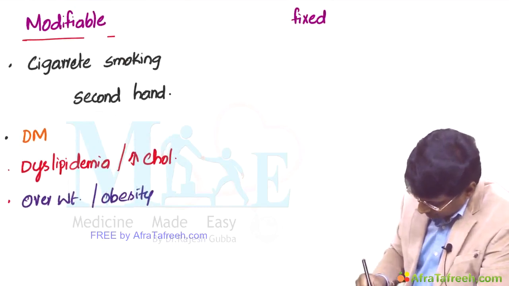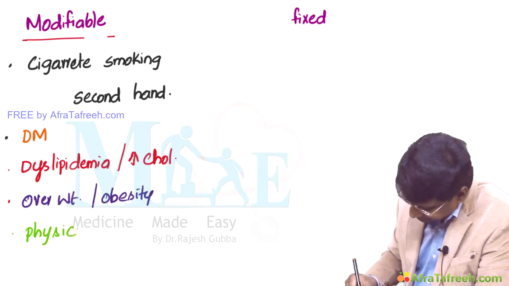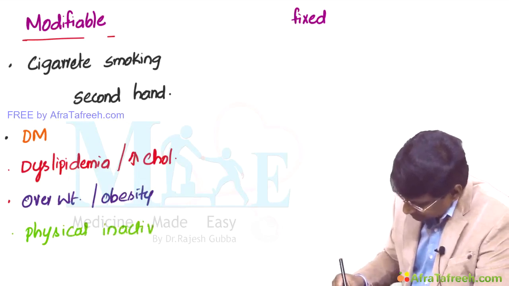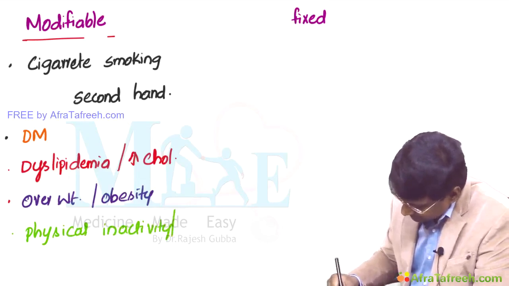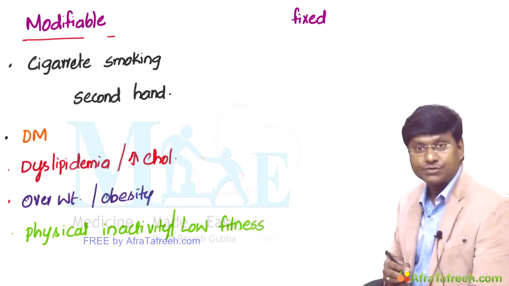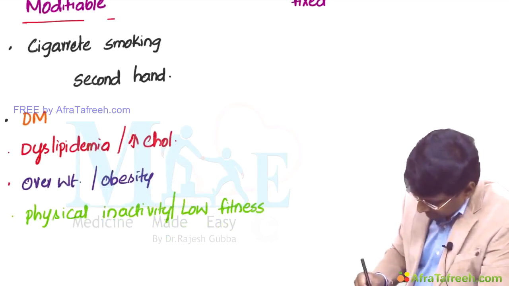Next, the other modifiable risk factor is physical inactivity or low fitness. It can be associated with the development of hypertension, right? And lastly, the very important one is the unhealthy diet.